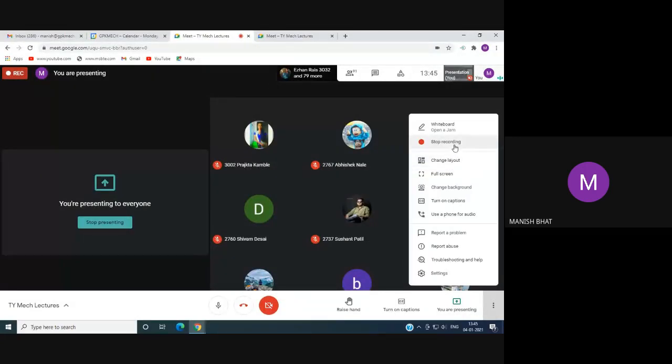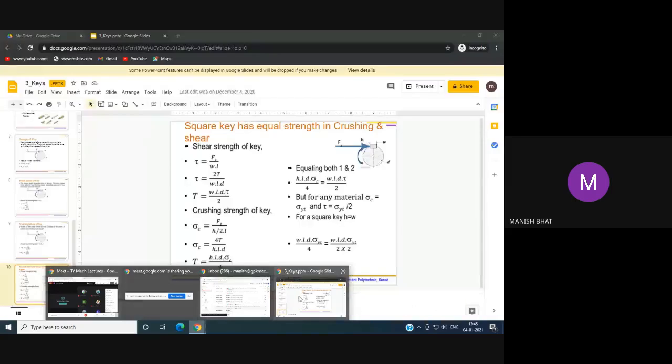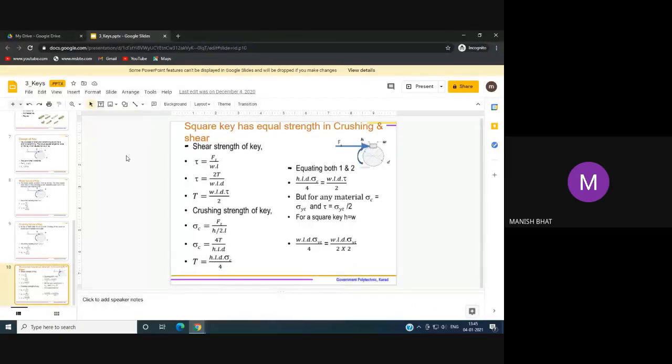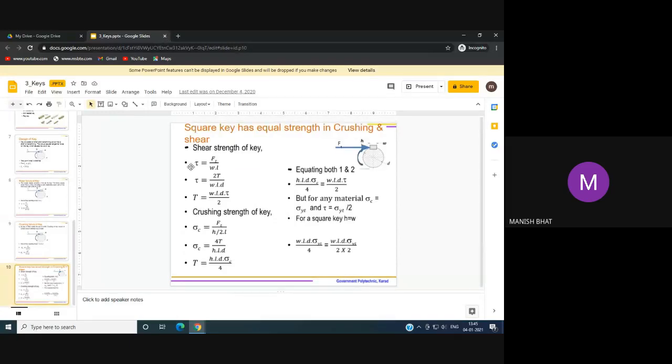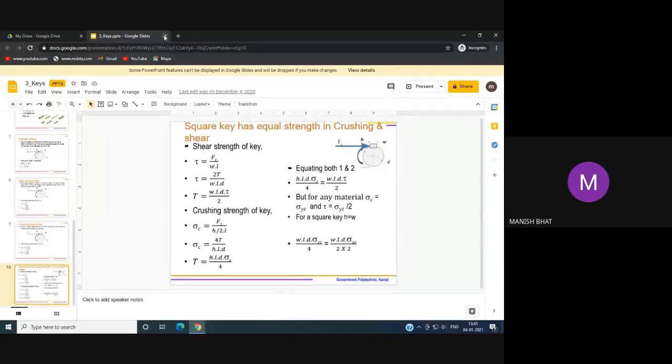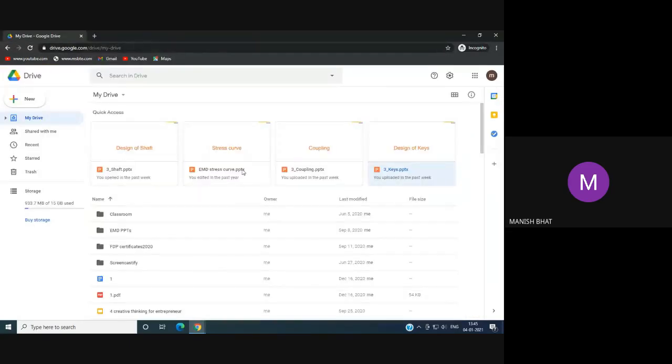So we know that there are some ways to design the key, and key is one of the transmission elements which is used in engineering applications. Now we will be moving ahead towards coupling, and we will be learning how couplings are designed.